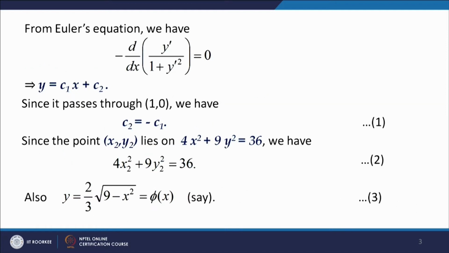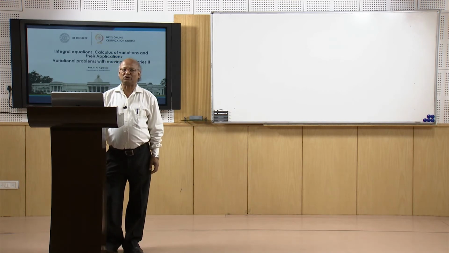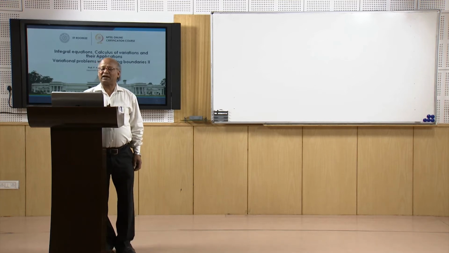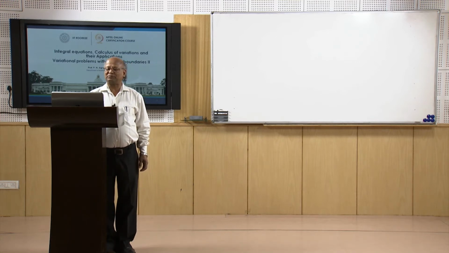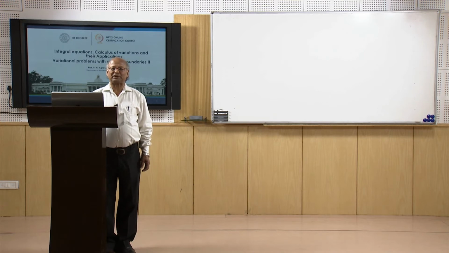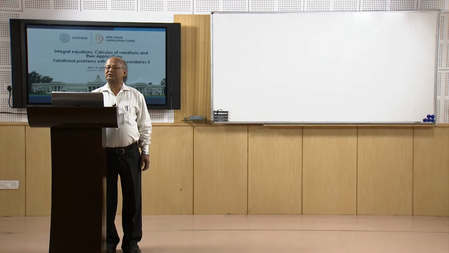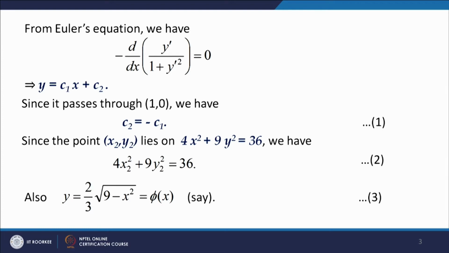Now Euler's equation, which we write as ∂F/∂y minus d/dx of ∂F/∂y' equal to 0, reduces to minus d/dx of y' over under root 1 plus y' square equal to 0, because F does not depend on y, so its partial derivative with respect to y is 0, and differentiating with respect to y' we get y' over under root 1 plus y' square.